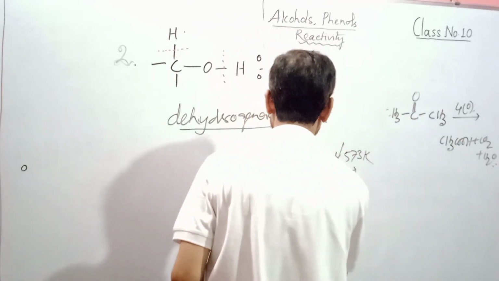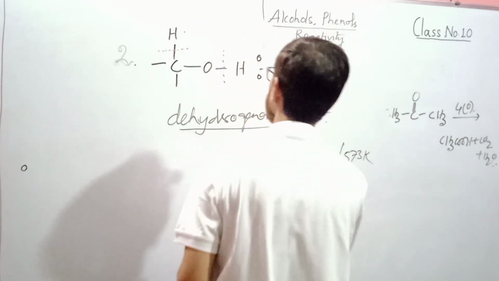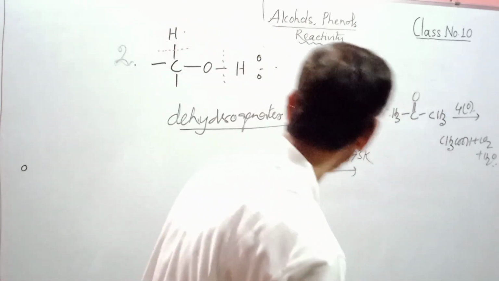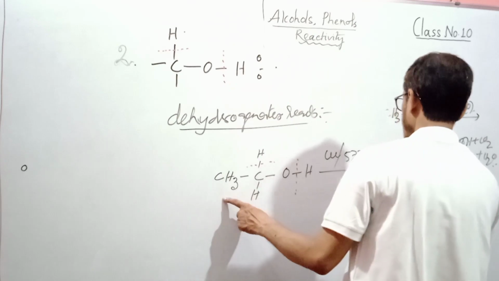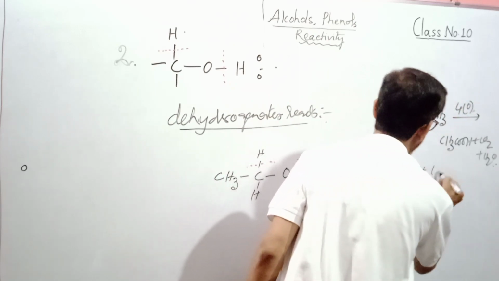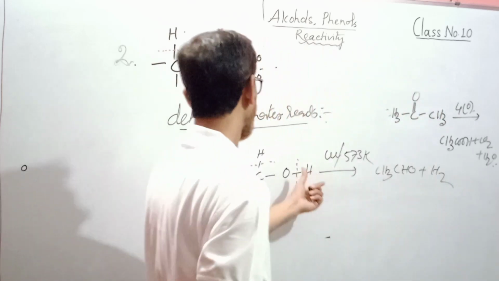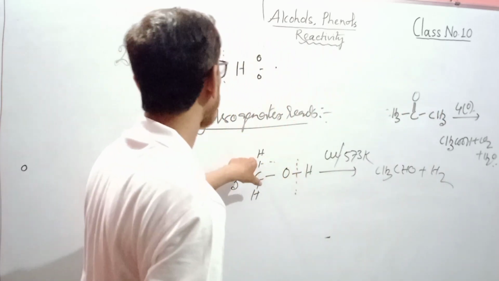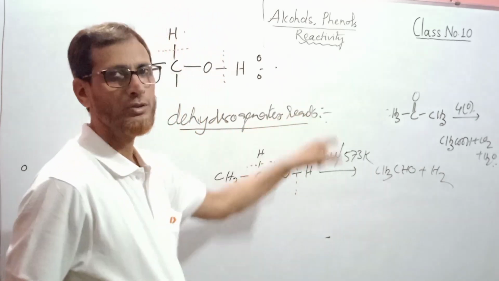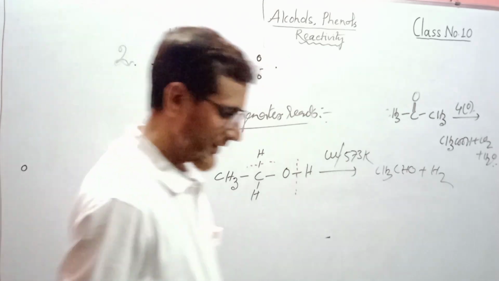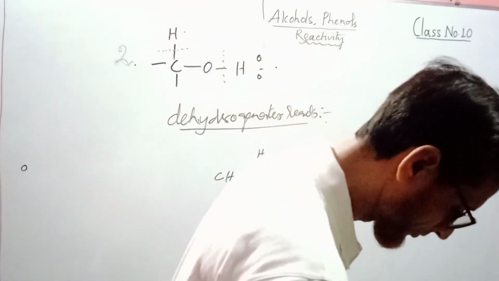So here again this type of bond breaking occurs, and here you get CH3CHO plus hydrogen. So loss of hydrogen is dehydrogenation, and loss of hydrogen is oxidation. So dehydrogenation may also be called an oxidation type of reaction.